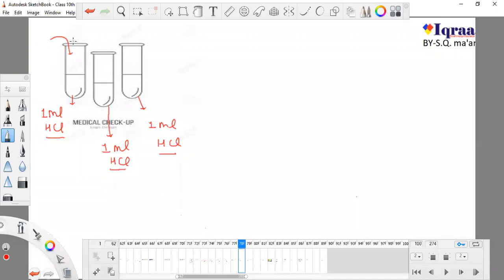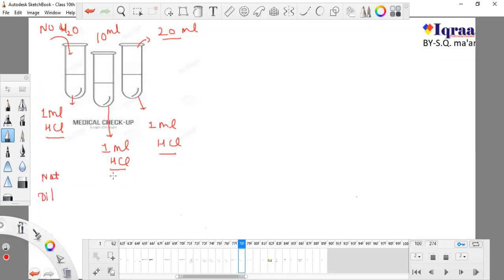Now in this first test tube, I will add no water. In this second test tube, I will add 10 ml of water, and in the third test tube, I'm going to add 20 ml of water.